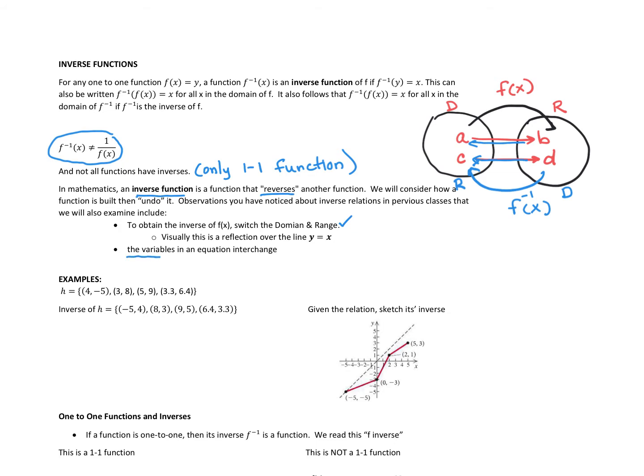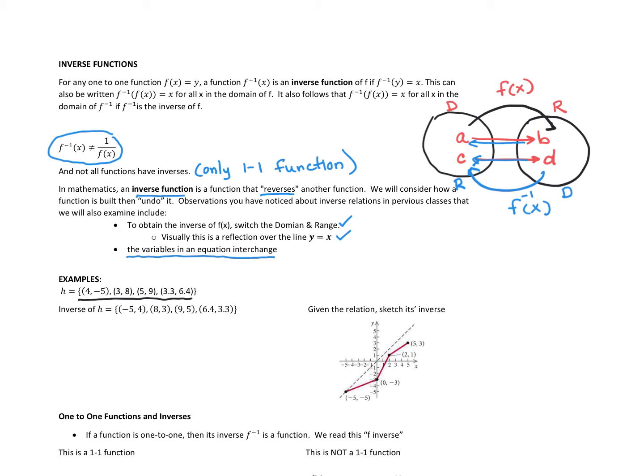And what happens there is we're just going to interchange the x and y variables. And visually or graphically, this is going to be a reflection over the line y equals x. So I have a couple of examples here. The first one is just a set of ordered pairs: 4, -5, 3, 8, 5, 9, and 3.3, 6.4.